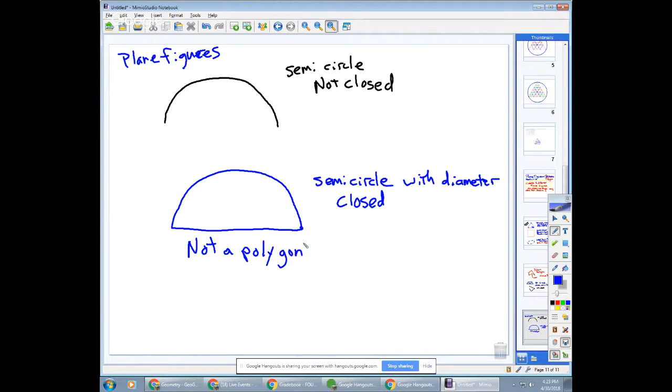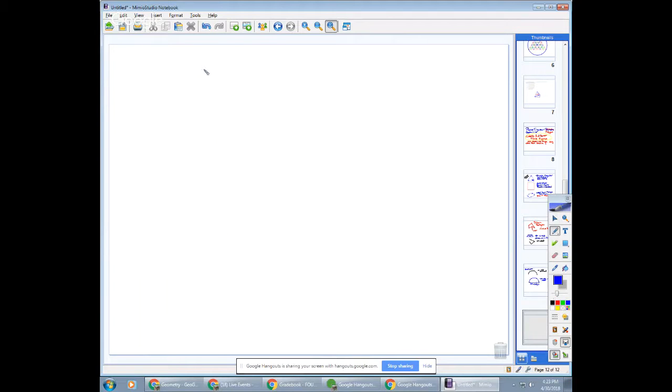And with kids, we're not gonna give them definitions. We're just gonna start off by just naming shapes, okay? So I'm just gonna make kind of a family tree, starting with Polygon.